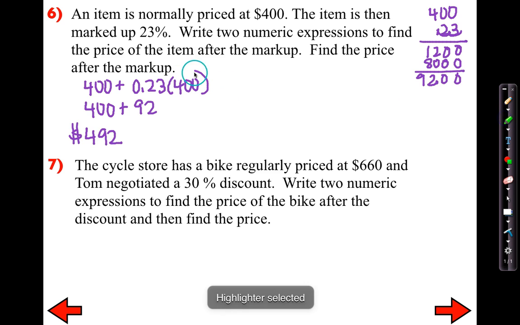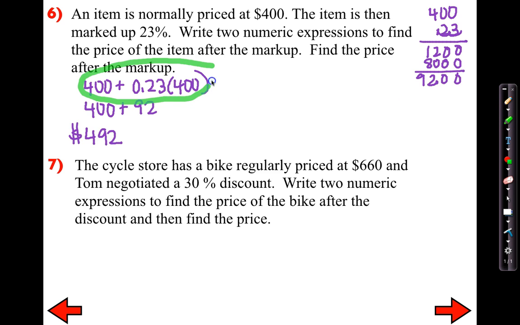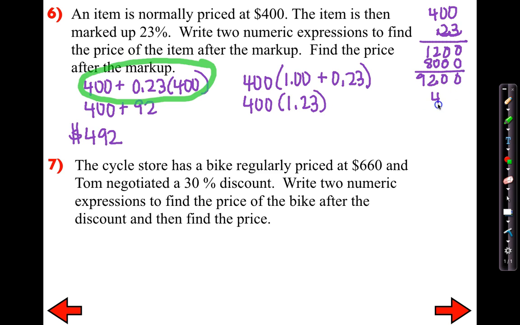Now, there is another option. If you want to do a markup of 23%, you take 100% of the price and then add your extra 23% to that. So you're going to be doing 400 times 1.23. Let me double check on a calculator.